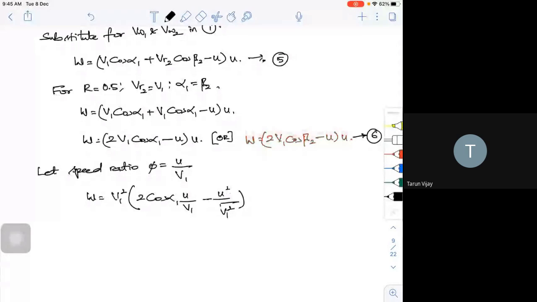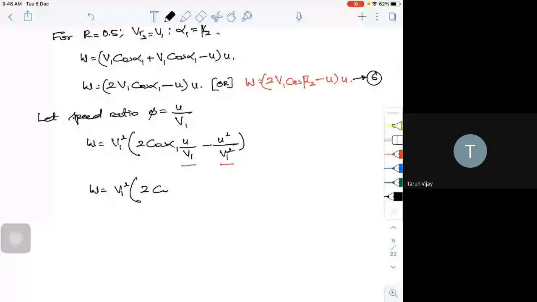Now substituting phi for U by V1, W is equal to V1 square into 2 cos alpha 1 into phi minus phi square.